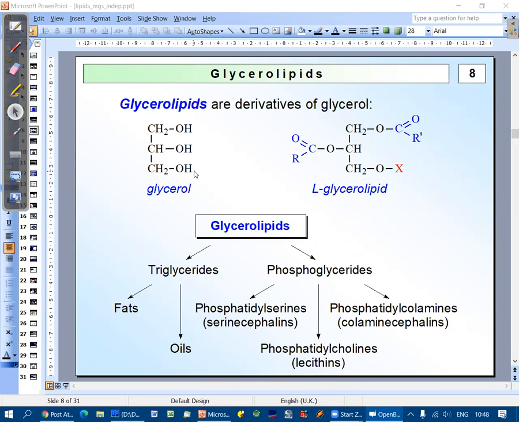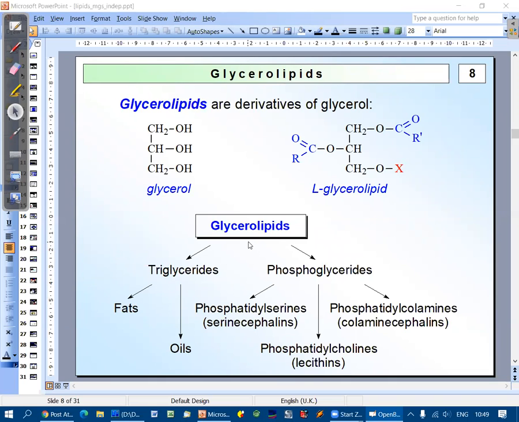If it is sphingosine, I'll show it later, it will be sphingolipids. So glycerolipids can be simple lipids or compound lipids. That's why the classification is confusing.